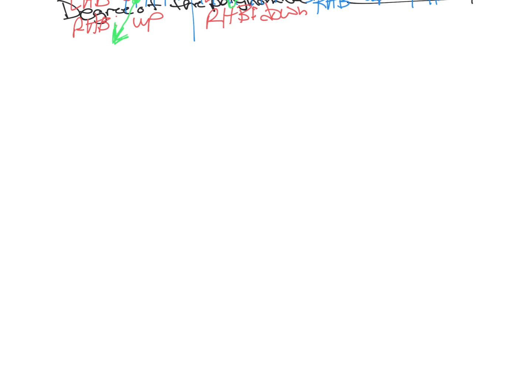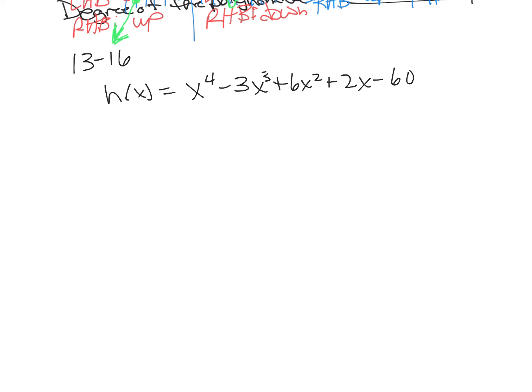Okay, and then the next example that we're going to look at is from 13 through 16. So this is how you're going to do your work 13 through 16. So we're going to have, let's just say h of x or f of x, that doesn't really matter. x to the power of 4 minus 3x to the power of 3 plus 6x squared plus 2x minus 60.